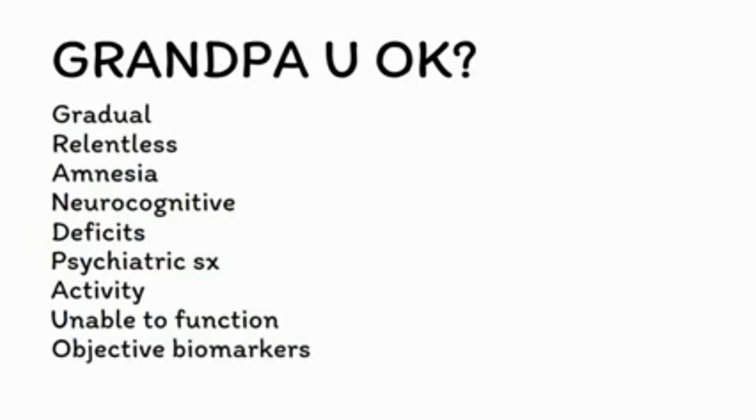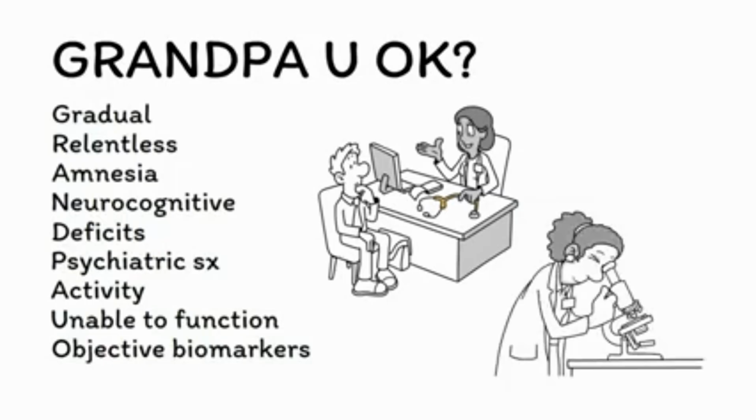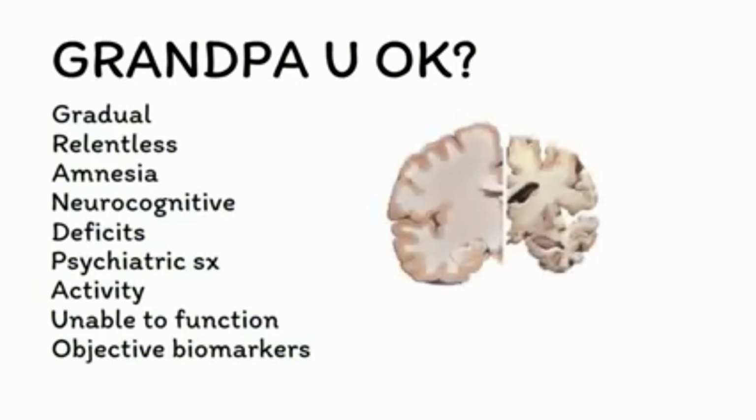Unlike many of the disorders in psychiatry, which are diagnosed solely on the basis of clinical signs and symptoms, Alzheimer's disease has specific biomarkers that can be objectively demonstrated as well. Nowhere is this more apparent than when looking at the brains of patients with Alzheimer's disease on autopsy, which often reveal widespread cortical atrophy, as seen in this image, with a normal brain on the left and an affected brain on the right.